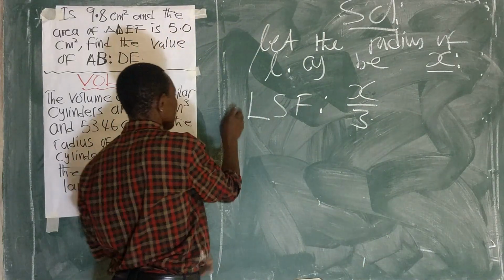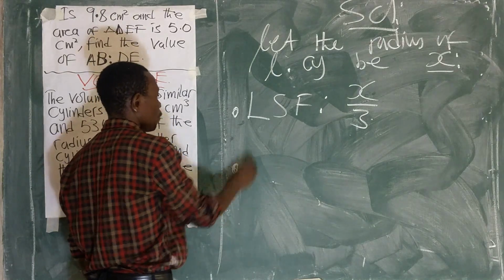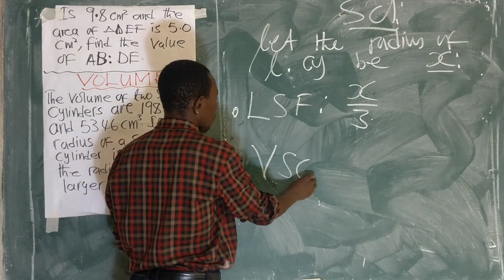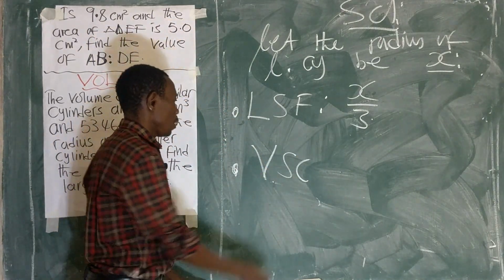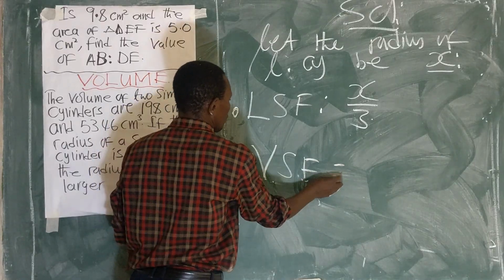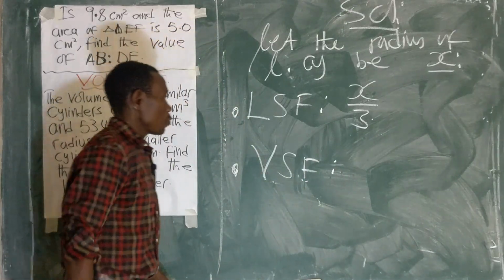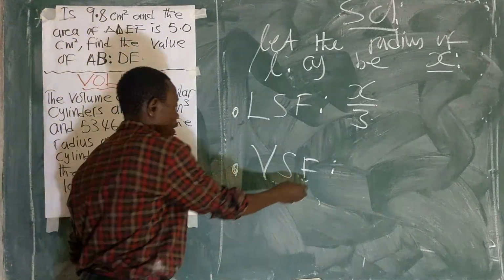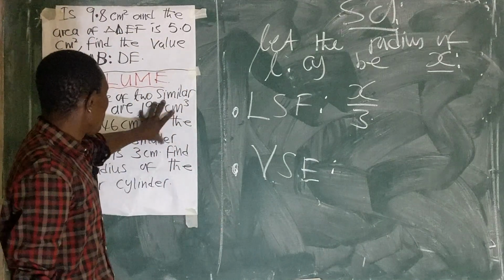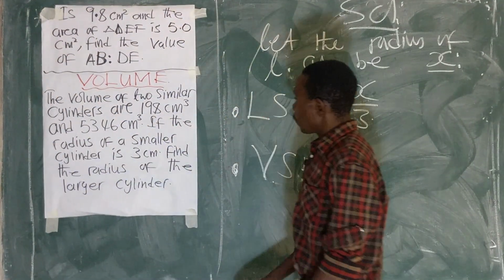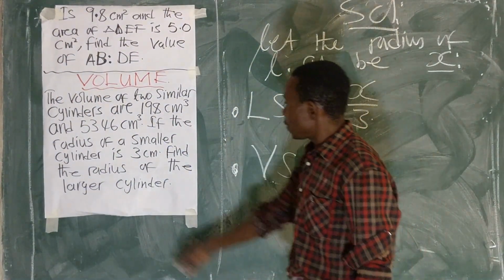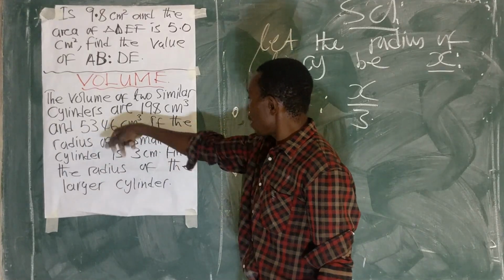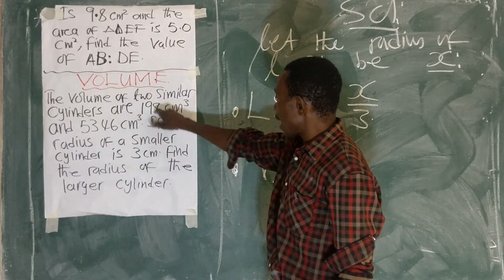On the other hand, we have the volume scale factor. This is also compared by the volumes themselves of the two similar figures. Here the volume of the larger one is 5,346, the smaller one is 198.